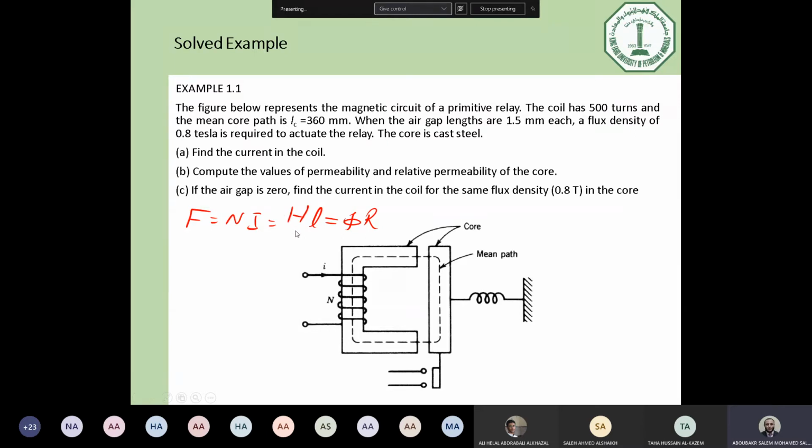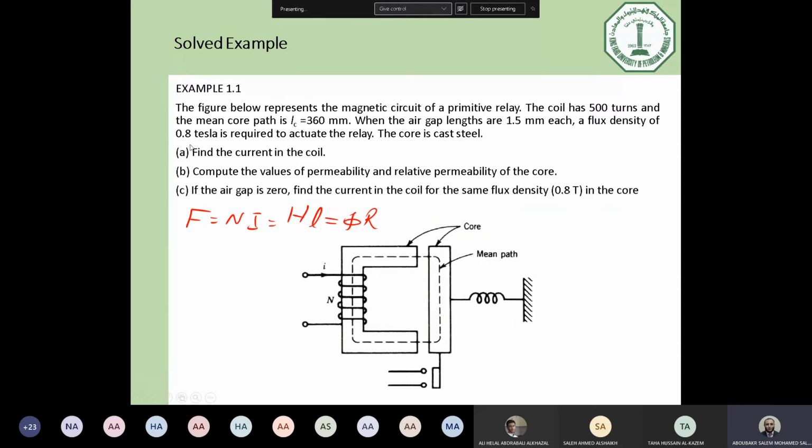So we need the BH curve of cast steel. It's given already in this example, and we described it in the last class for the three materials. So we have the cast steel chart, and we can obtain H according to the value of 0.8 Tesla.